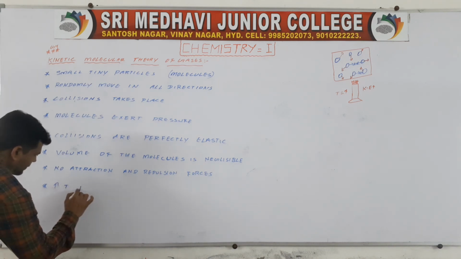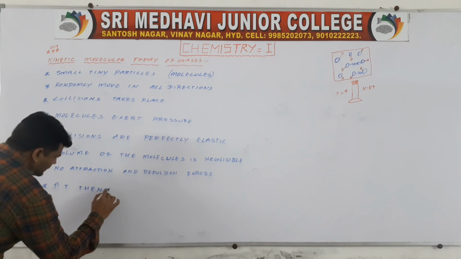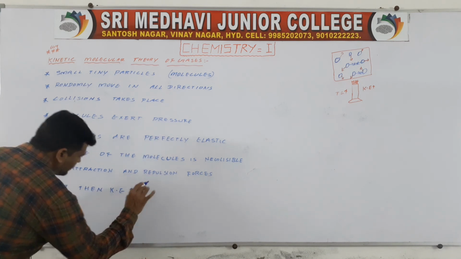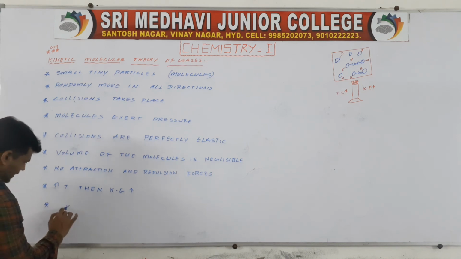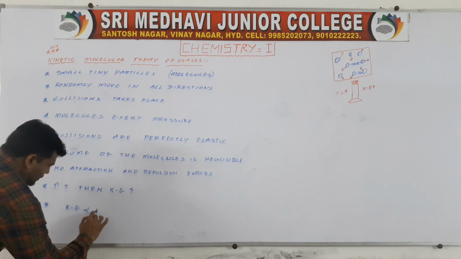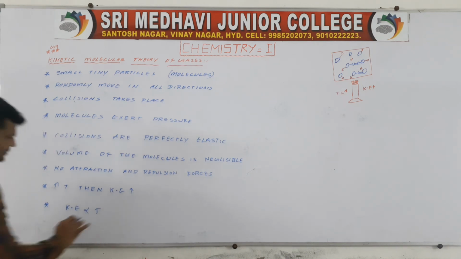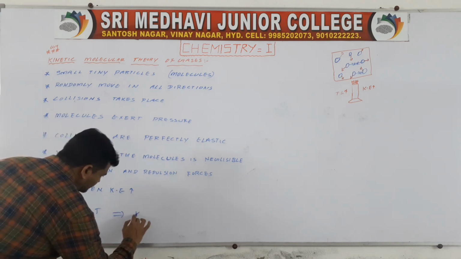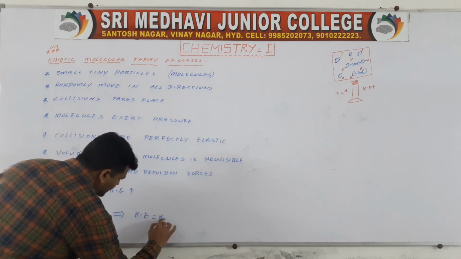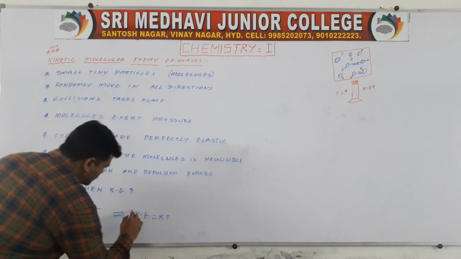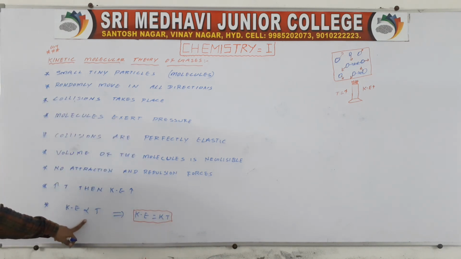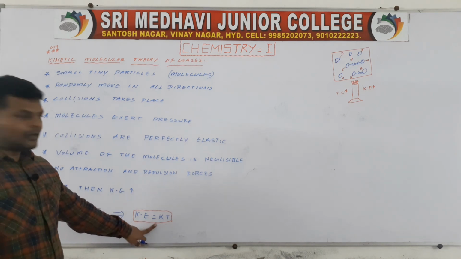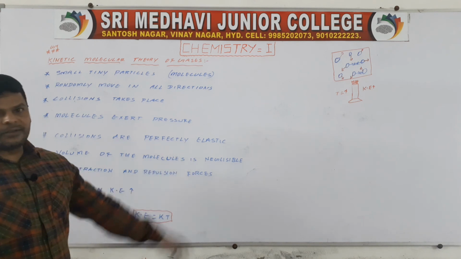Therefore, kinetic energy is directly proportional to T. This implies kinetic energy is equal to kT. Then if you want to remove this proportionality, you have to keep a constant. Then what happened? KE equal to kT.